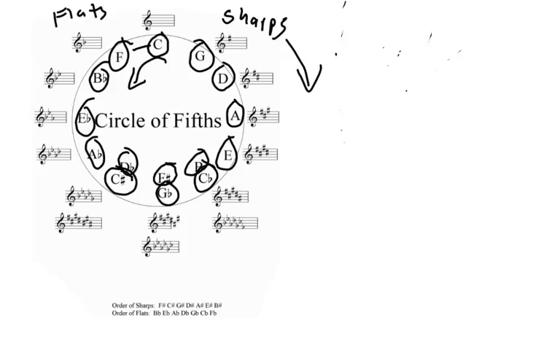If you are looking at a key signature and it has 1 sharp in it, the good news is the sharp will always be F sharp. And then you know if it has 1 sharp, F sharp, that is called the key of G. So 1 sharp equals the key of G. It doesn't matter which instrument you're playing or which country you're in.